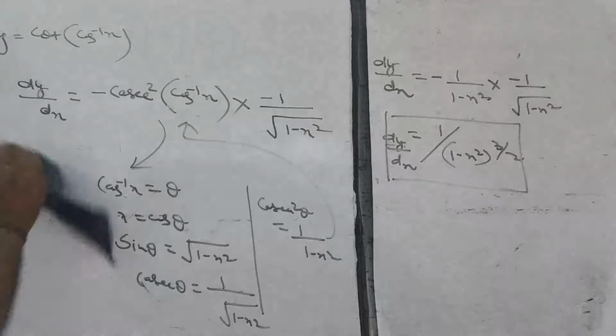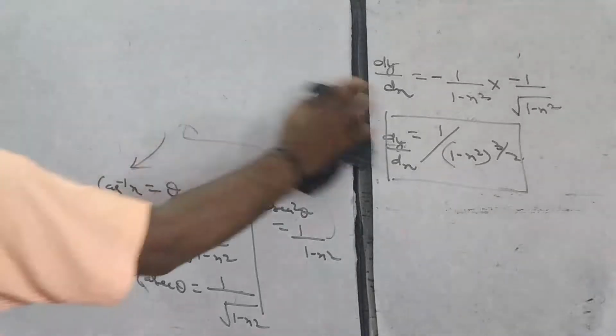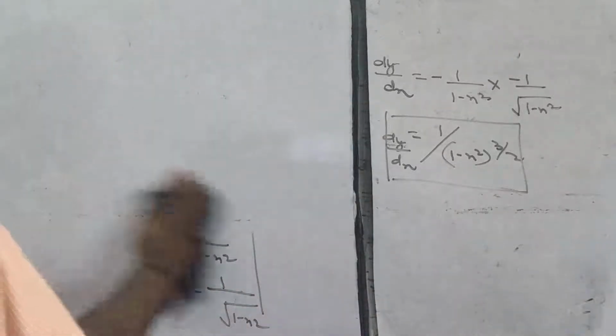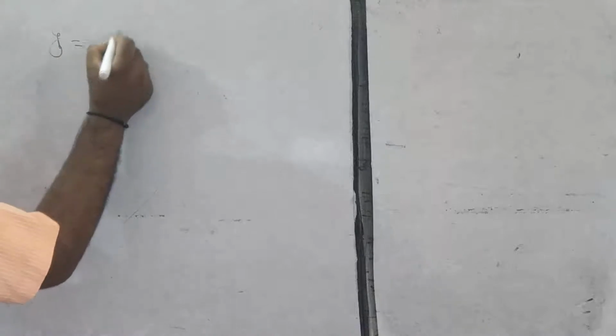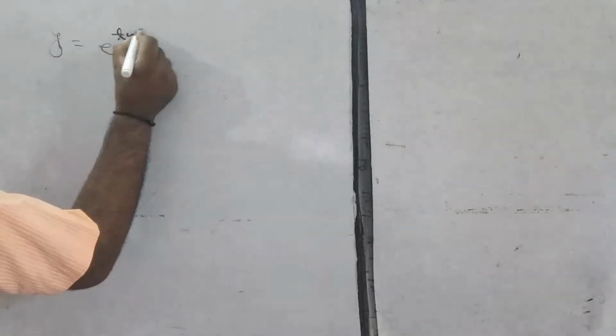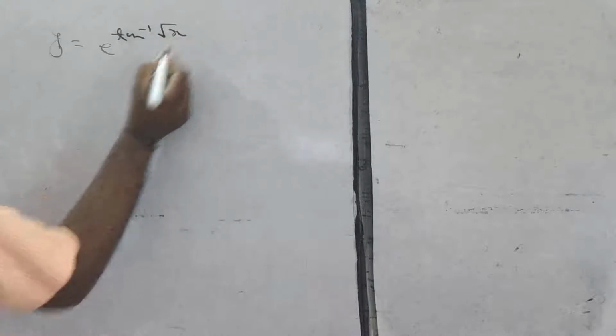Now another question. y is equal to e to the power tan inverse root x.